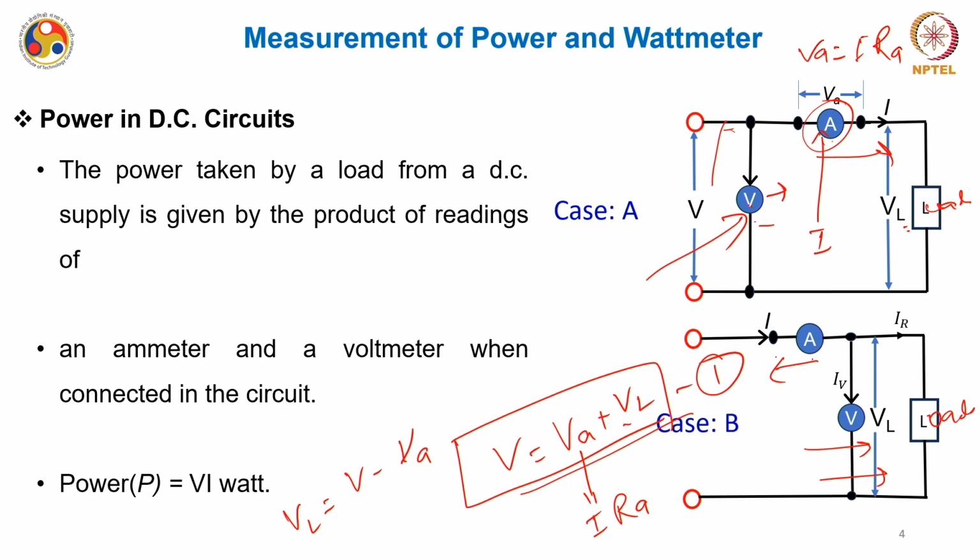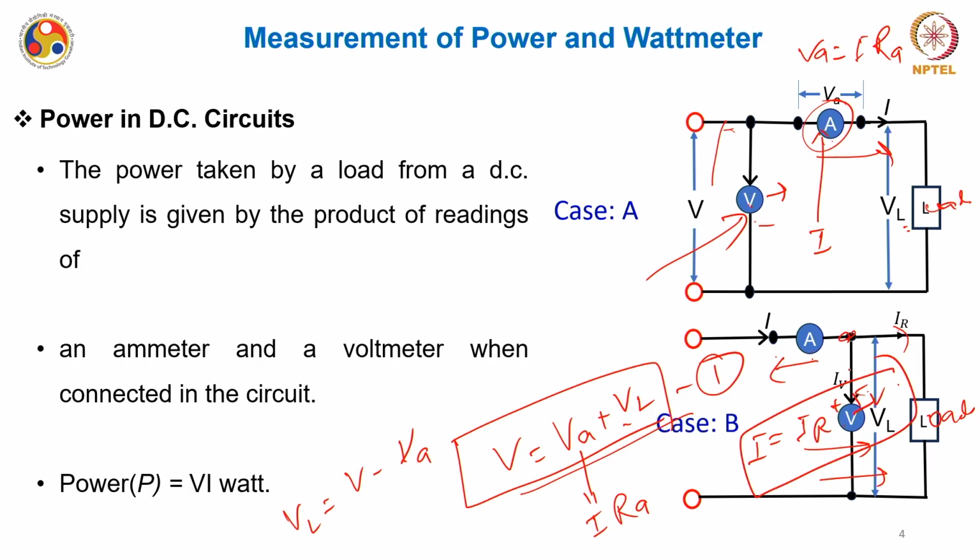If I is the current flowing in this ammeter, IV is the current in the voltmeter and IR is the current flowing through the load, then at this node, by Kirchhoff's current law, I is equal to IR plus IV.